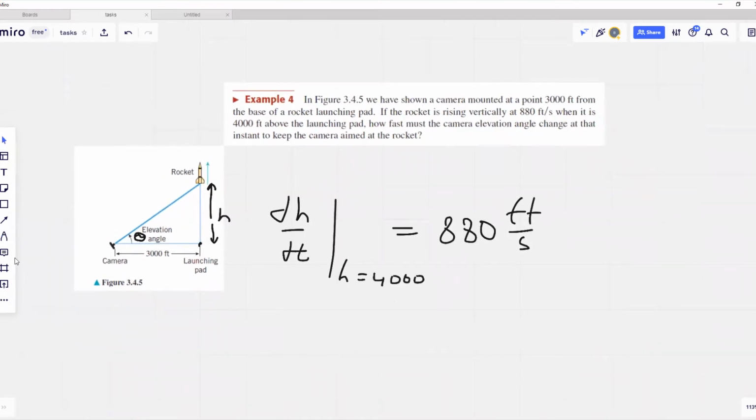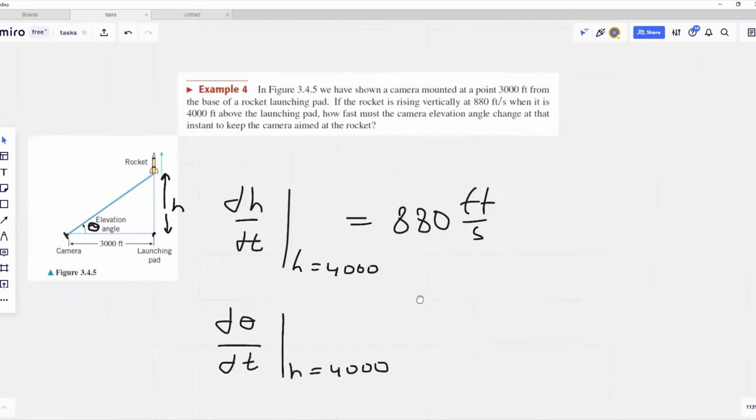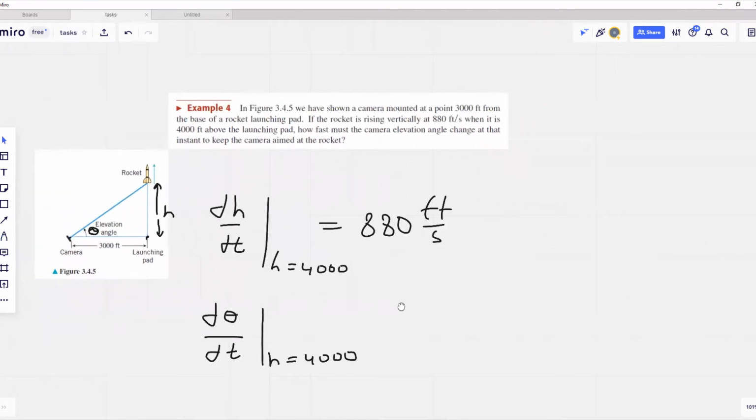By at that instant, we mean we need to find d theta over dt at the time when the rocket was 4,000 feet above the ground. All right, then if we follow our two simple steps that we defined before, first of all, we need to find an equation that is going to relate all our variables.